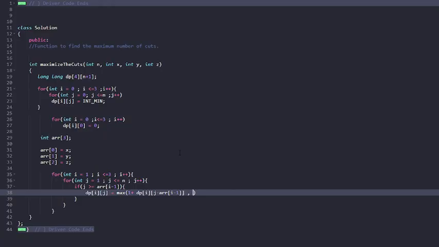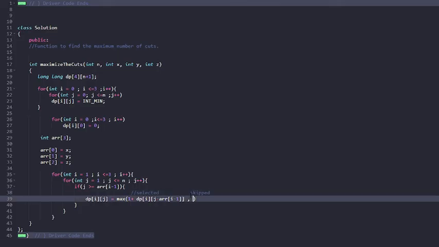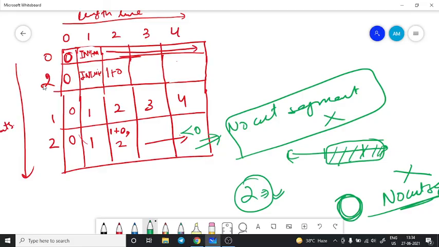If I pick this, I will comment it down: selected. And the second one would be skipped. If I skip this one, no increment will be done, and I am not considering this cut segment.